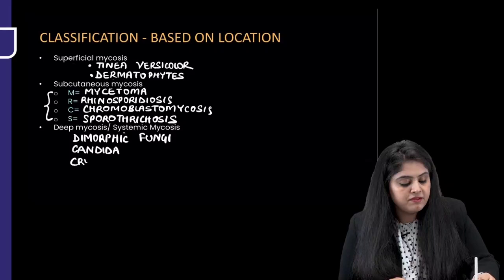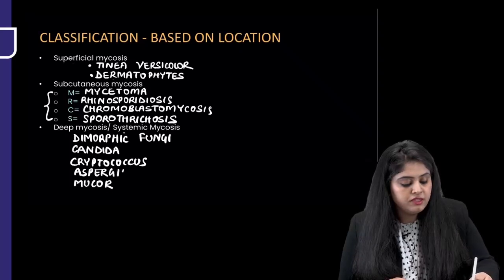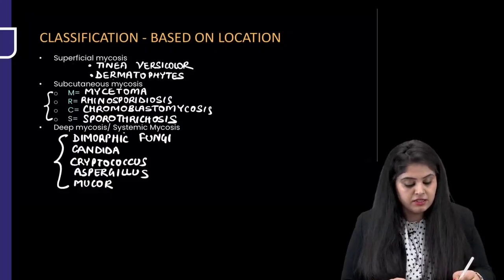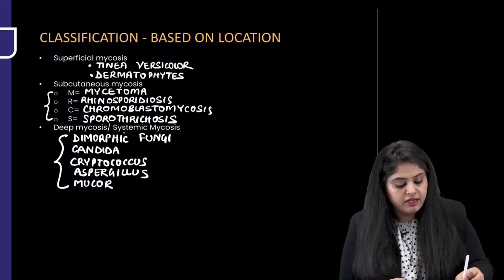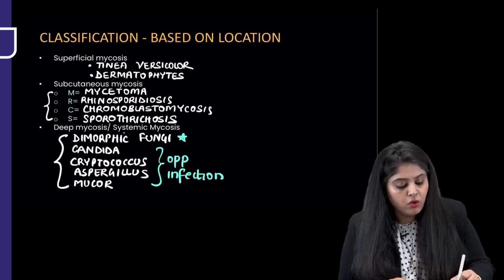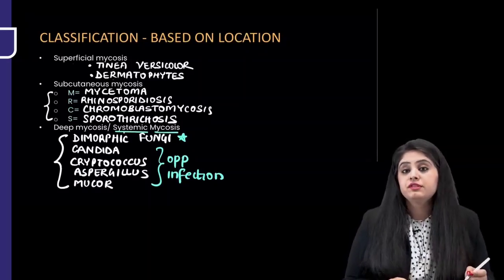Like for example, we have Candida, we have Cryptococcus, we have Aspergillus, we have mucormycosis. So all of these remaining ones, basically, in simple words, how I have learnt it is, all the dimorphic fungi, number one, and all these opportunistic infections that we have, all of these are going to involve the organs. They will involve the different systems, right?